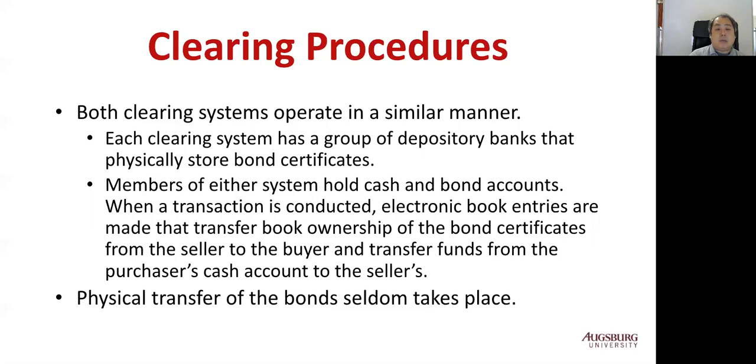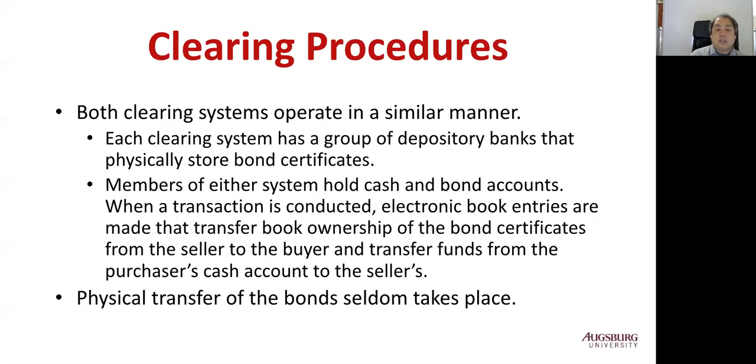Each clearing system has a group of depository banks, obviously, right? They physically store bond certificates. So they basically have some depository bank accounts, and they physically store these bond certificates. Members of the system hold cash and bond accounts.